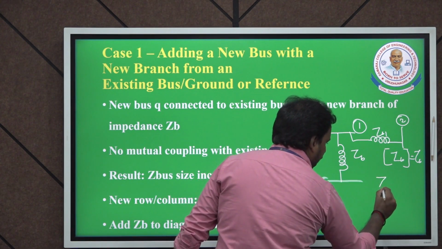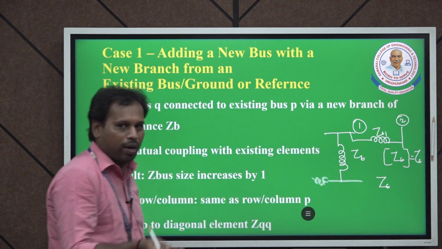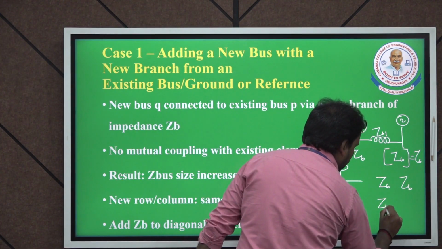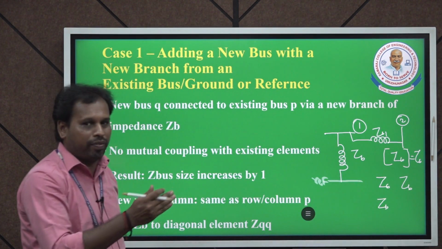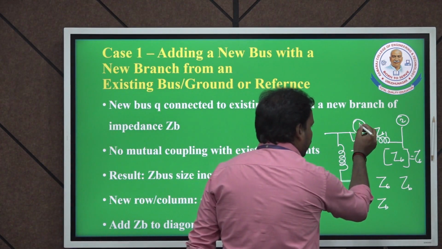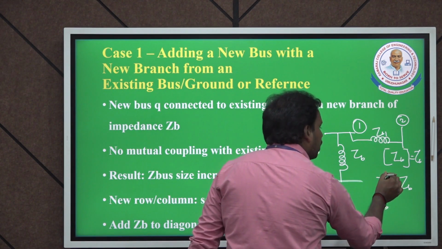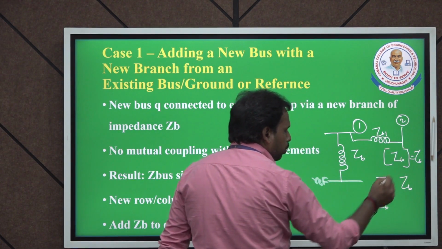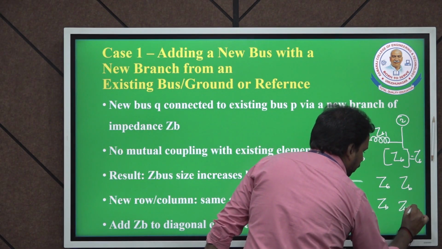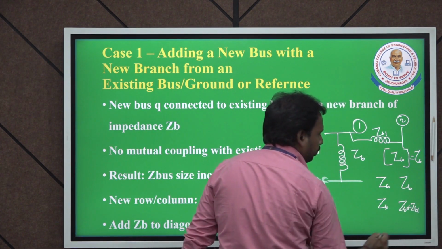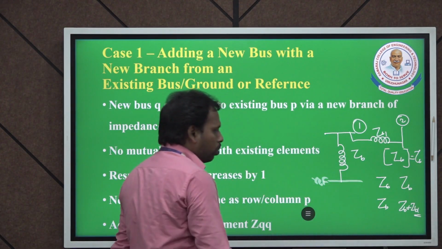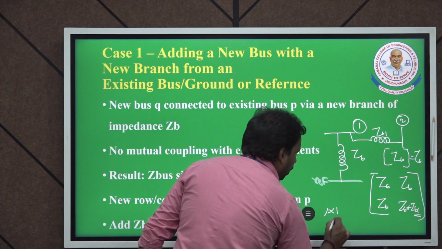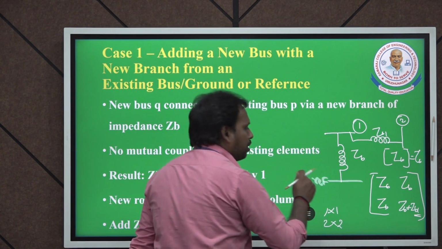Then the matrix increases by one dimension, with a repeated value: the column and row are repeated where it is added. Since it is connected to the first bus, that value is repeated for the second bus, and the new diagonal value will be ZB plus ZB1. So the matrix increases from 1 cross 1 to 2 cross 2. Likewise, it will keep increasing.